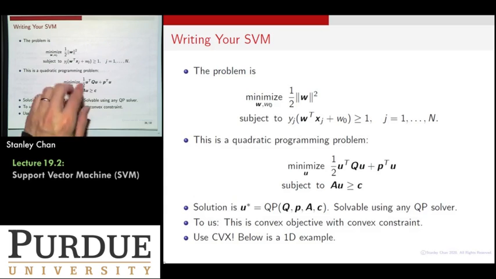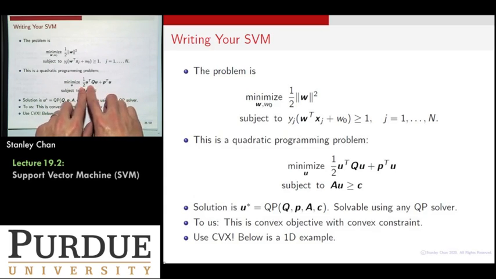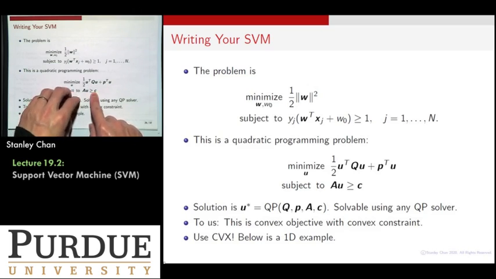In this quadratic programming problem, you have a quadratic term and a linear term in your objective function, and then you have a linear constraint. I just call any optimization solver of this kind a QP, quadratic programming solver. All you need to dump in would be this Q, this P, this A, and this C, matrices and vectors, and then it should be able to solve the problem for you.